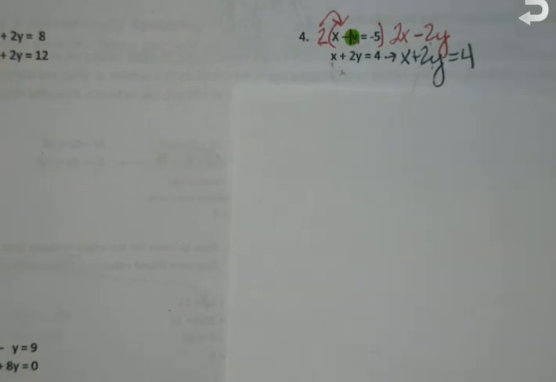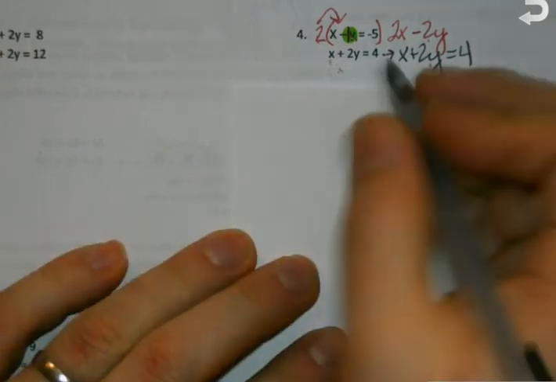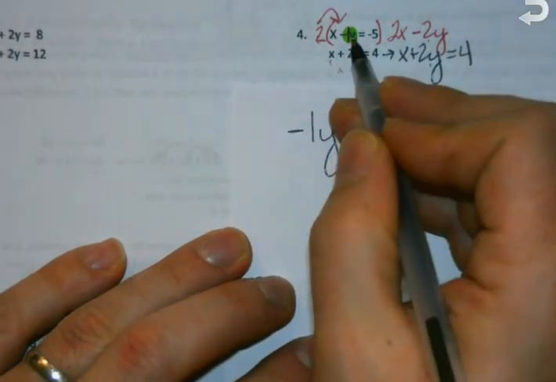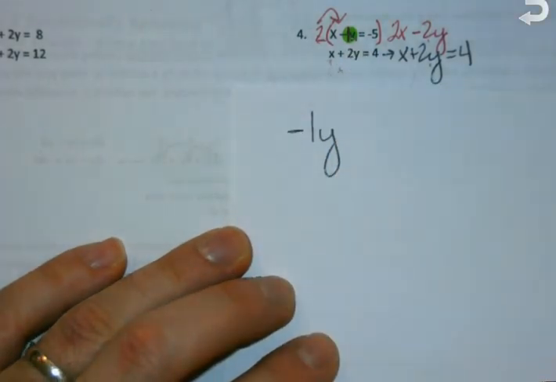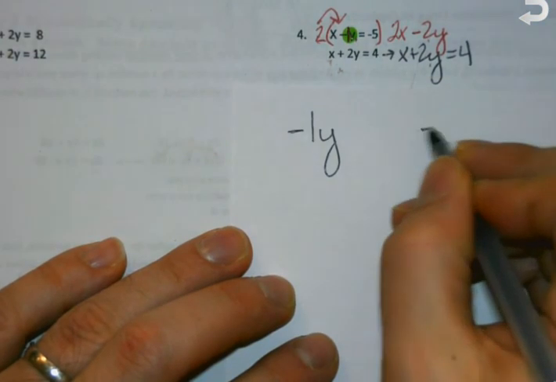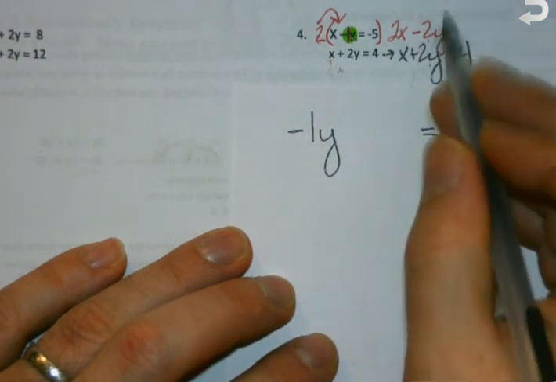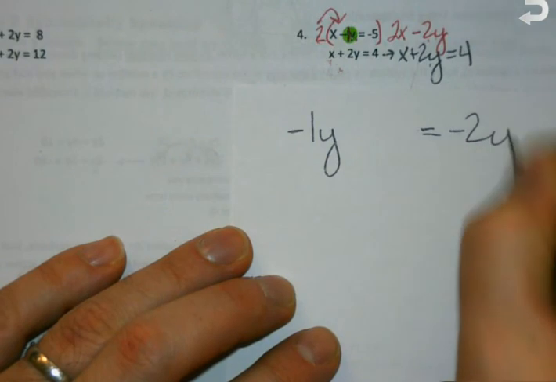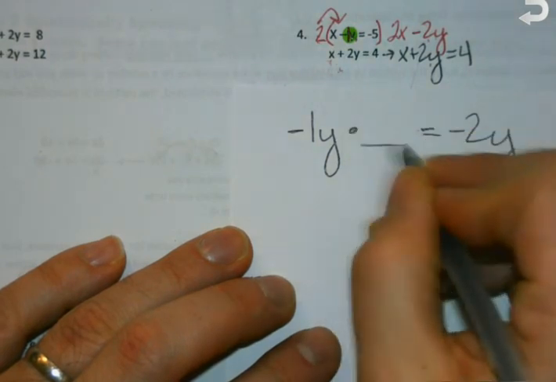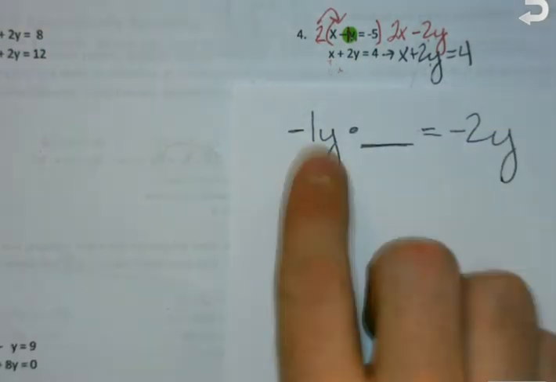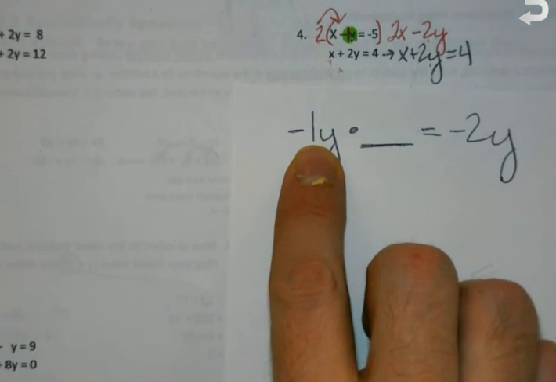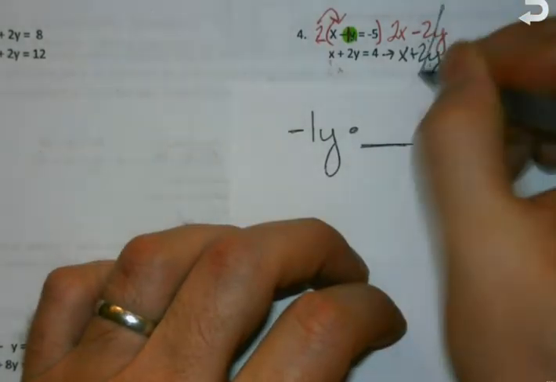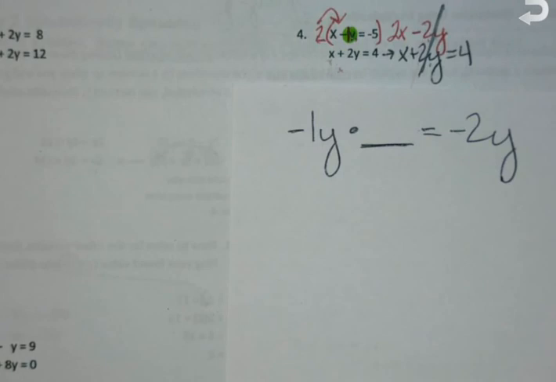When I'm doing these, okay, I have negative 1y here to start with. My goal is to make it negative 2y, so it'll cancel. That's what I'm thinking about here. The question is, what can I multiply this negative 1 by so it becomes the number I need, so when I come over here to add down, they cancel?